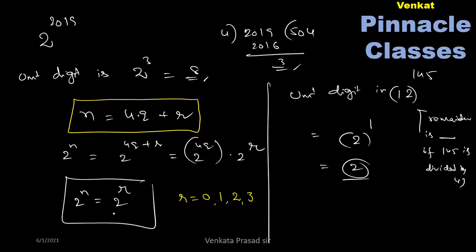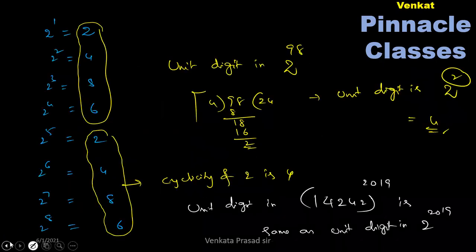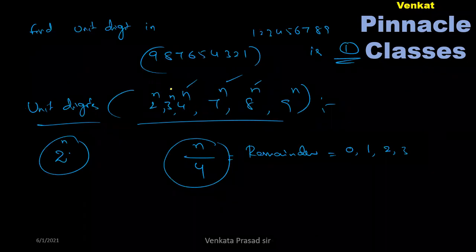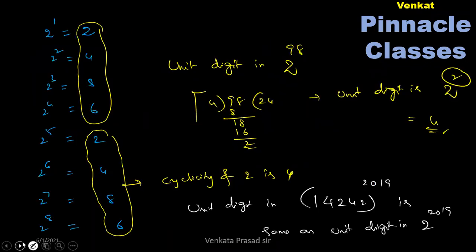Let us see what about the remaining numbers: 3 power n, 4 power n, 7 power n, 8 power n. Same cases. 7 power 1 is how much? 7. Find the unit digits. I am talking about only the unit digit, dear students.